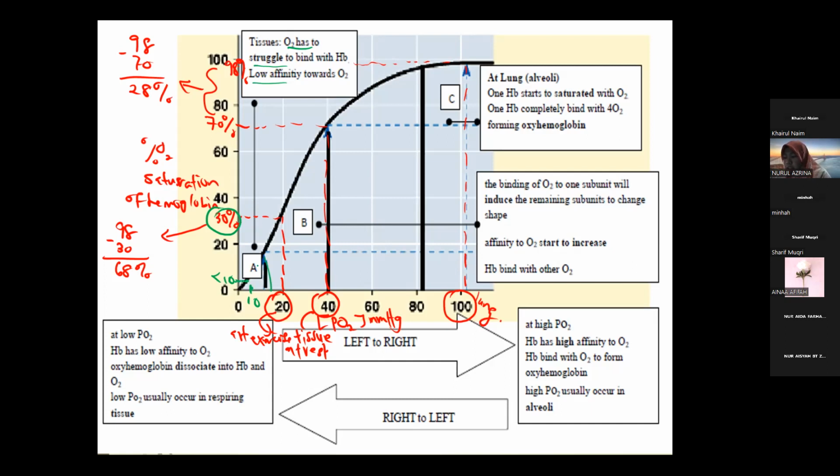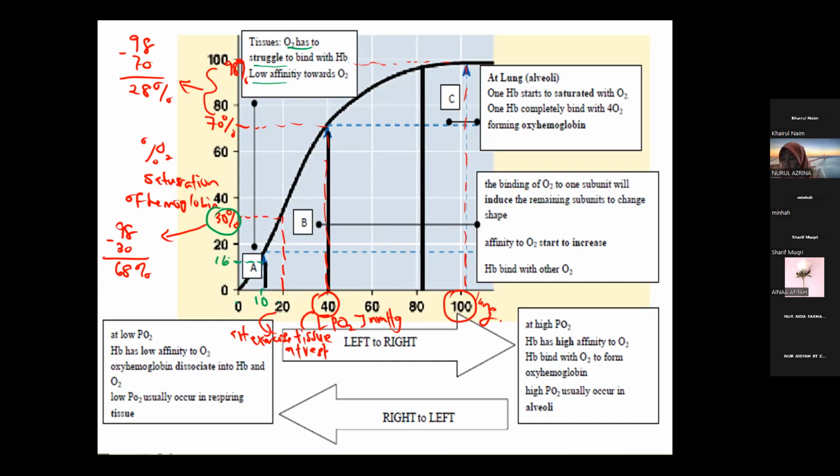Ni 20 jauh sangat. Kita tengok 15. Okay, kita tengok sini. Contohlah 15. This is 10, right? 10, 20, this is 10. Okay. When partial pressure of oxygen is 10, tengok oxygen saturation kita berapa belas je?